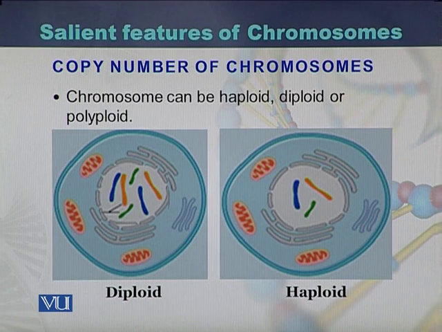If each chromosome is in the form of a duplicate, then the cell is called diploid. So if there is a single copy of the chromosome, it is called a haploid cell, and if there are 2 chromosomes, meaning in the form of homologous chromosomes, they will be called diploid.